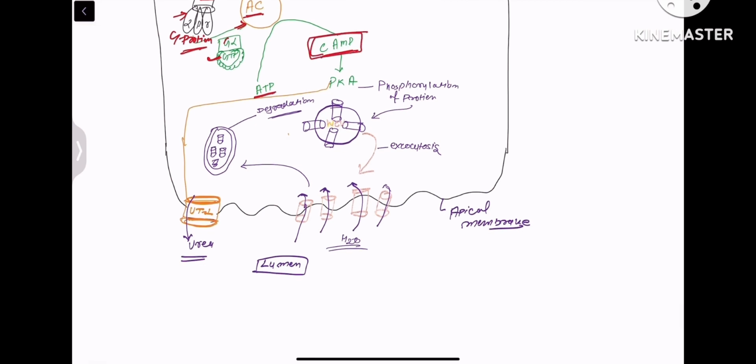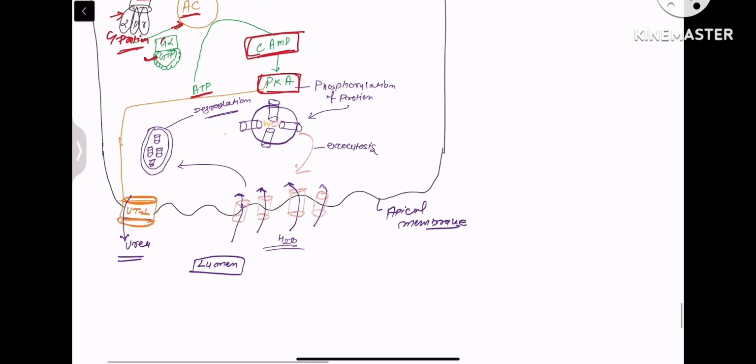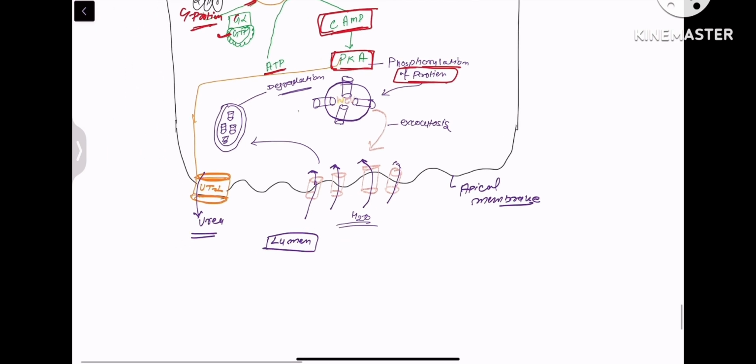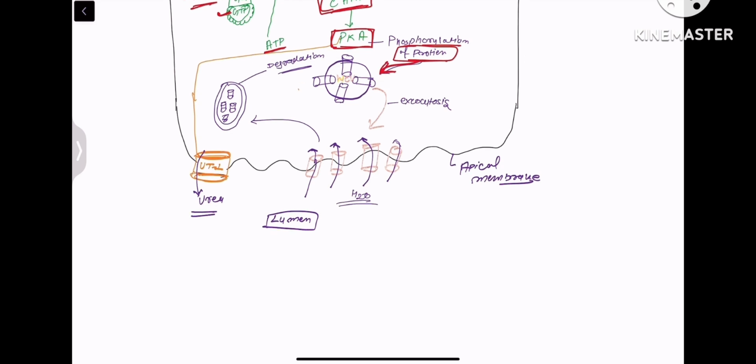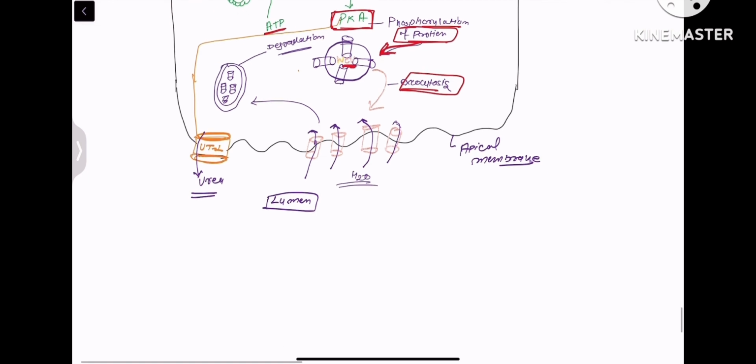This cyclic AMP activates the protein kinase A enzyme. This enzyme phosphorylates the proteins present in the cell. These proteins are responsible for exocytosis of water containing vesicles. These are the aquaporin 2 channels. Each vesicle contains four channels.